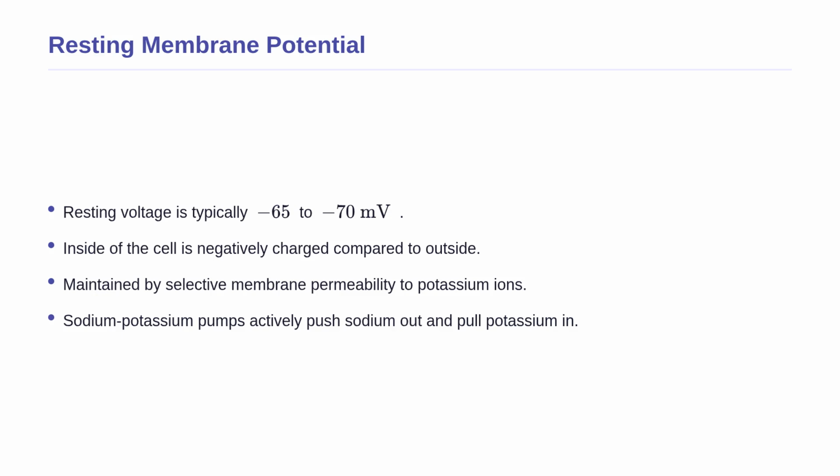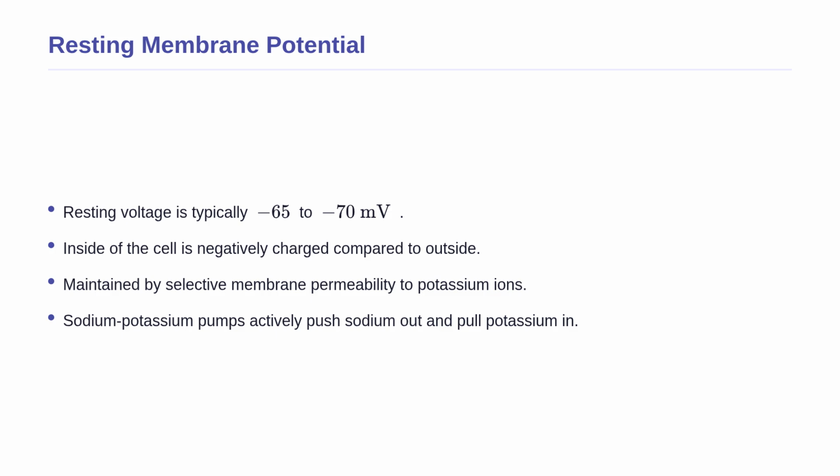Now that we understand the neuron acts like a battery, let us look at the exact voltage it holds. The resting membrane potential is the electrical difference across the neuronal membrane when the cell is not actively firing. In a typical neuron, this resting voltage is about minus 65 to minus 70 millivolts, meaning the inside is negatively charged compared to the outside.